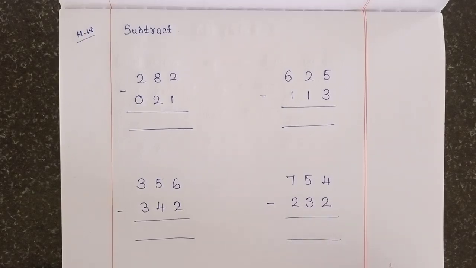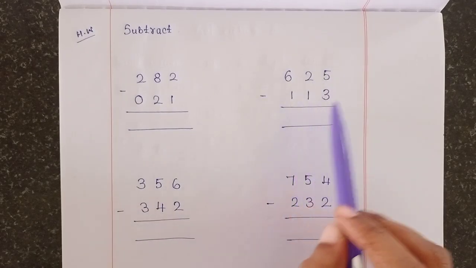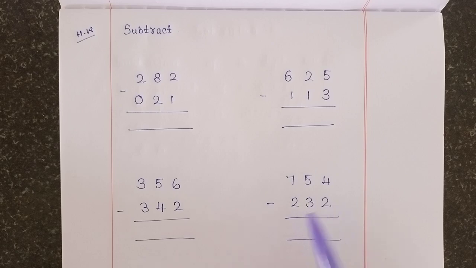All of you have written 282 minus 21, 356 minus 342, 625 minus 113, 754 minus 232?